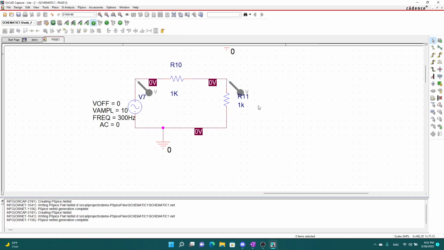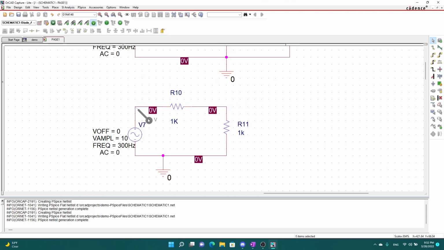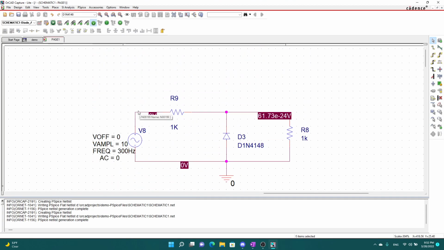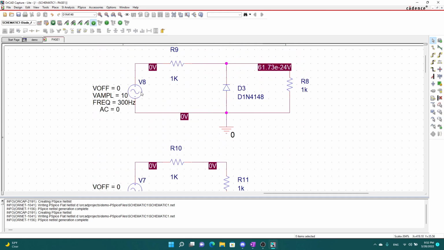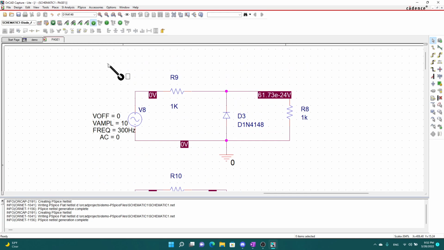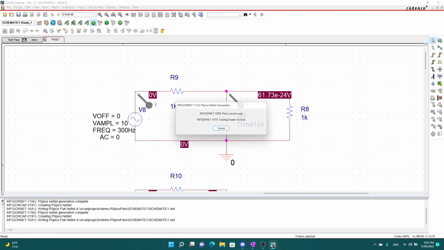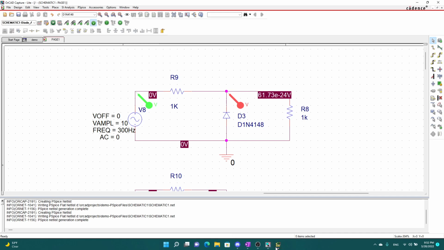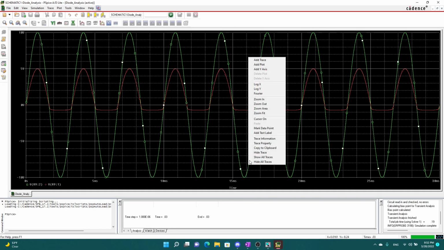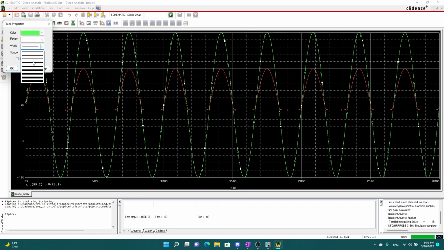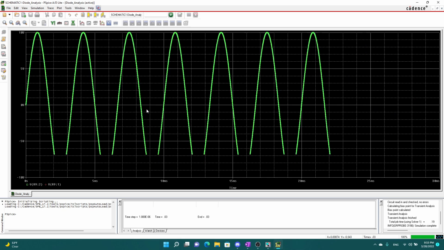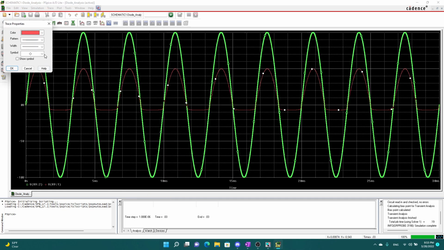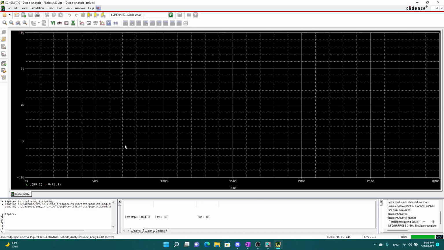But we can also work with the diode, and we'll see that this limit of 5 volts will still remain, but the thing that will change is the shape of the output voltage. Again, the green one is the input, and the red is the output.